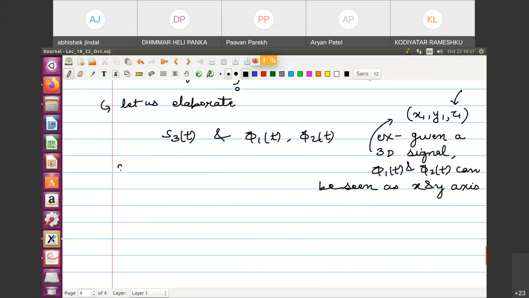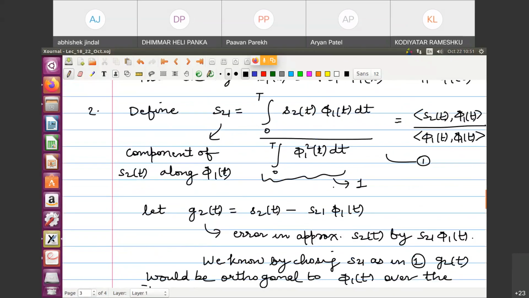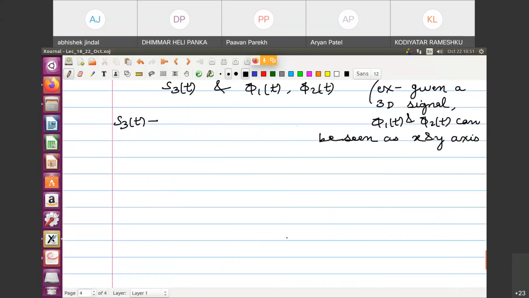So how will you do that? Simply write S3(t) minus the logic which we have used here, that S21. So you can say this is S31 phi1(t) minus S32 phi2(t). Now this, let us say, is G3(t).